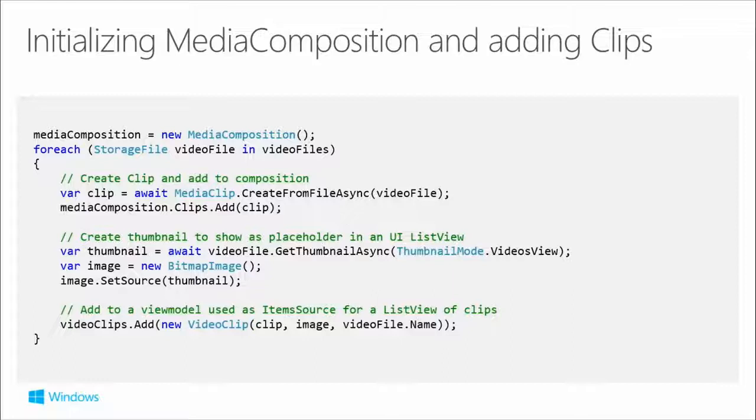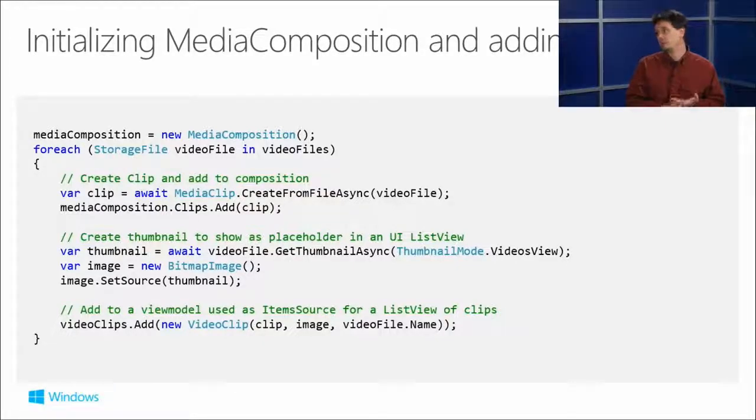We'll create a thumbnail for each one of those clips. We can set that thumbnail to some UI source so that we can navigate between the different clips that we've created. And then we can just add those video clips to a view model. We could use that view model to apply all of those images to some sort of list control so that we can show all of our clips maybe in a grid view so that they're easy to navigate, easy to select.